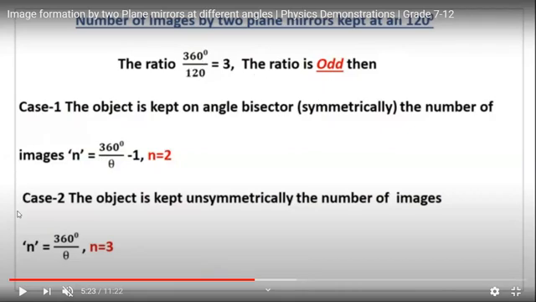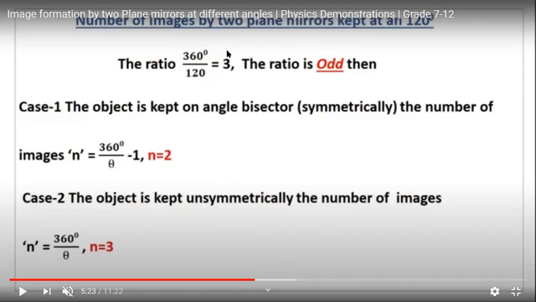So there are two cases. Whether the object is placed symmetrically, that is on the angle bisector, then your number of images will be 3 minus 1, that is 2. But if the object is placed asymmetrically or unsymmetrically, then the number of images would have been the same number, that is 3.